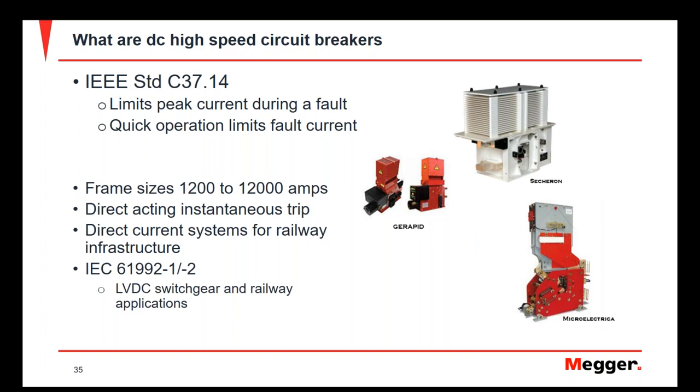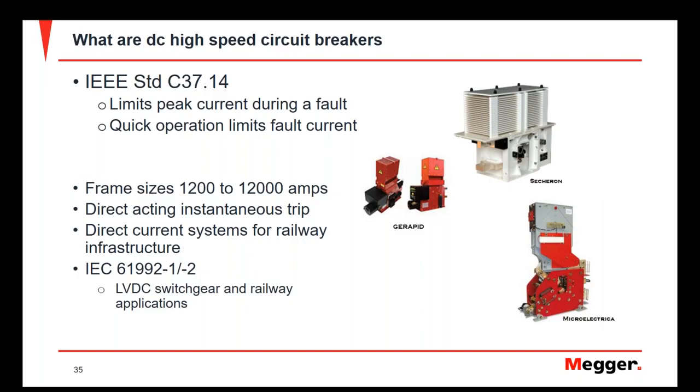And per IEEE standard C37.14, a high-speed circuit breaker is one that limits the peak circuit current during a fault condition. We're going to talk a little bit in a minute about how that happens, but basically that operation needs to be quick enough to limit the development of that fault current that can happen whenever we have a fault condition.